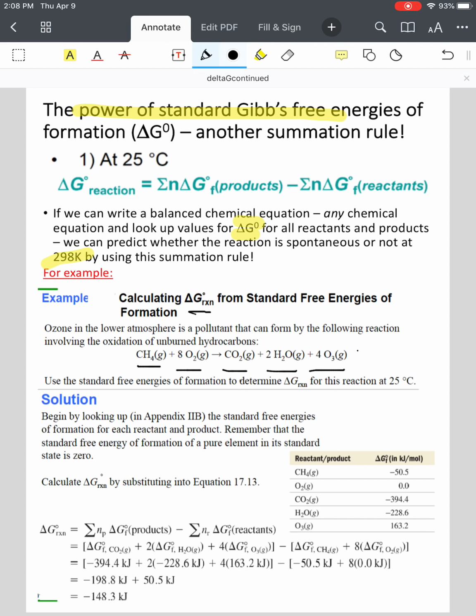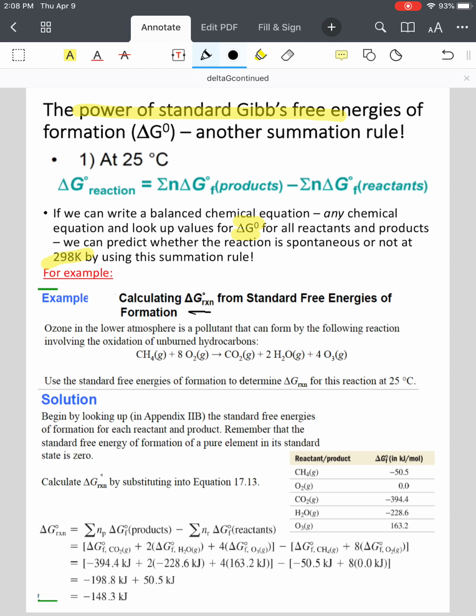Methane is not terribly reactive, but other hydrocarbons can be much more reactive, and we can make some ozone, which is a ground level air pollutant, not so good for us to breathe. But nonetheless, that's the significance of this reaction. We just want to compute the delta G of it under standard conditions.